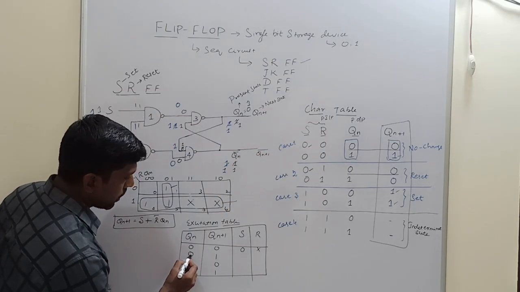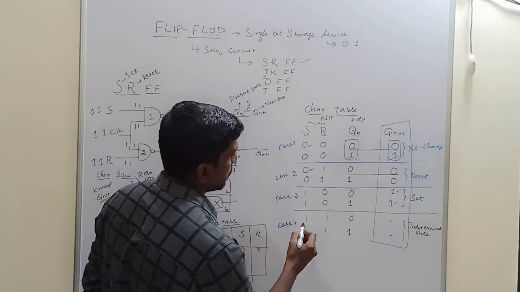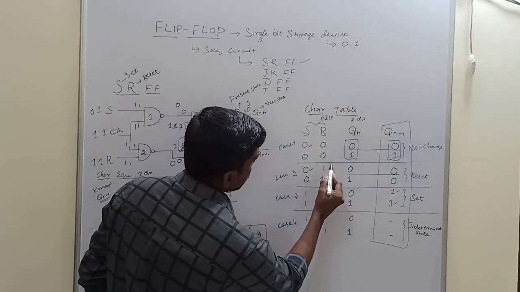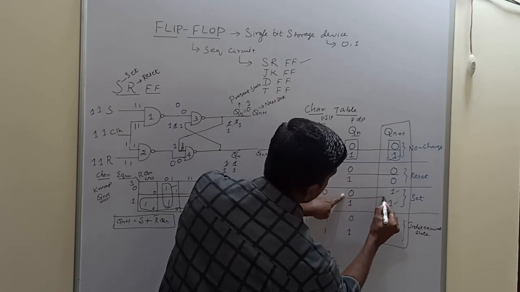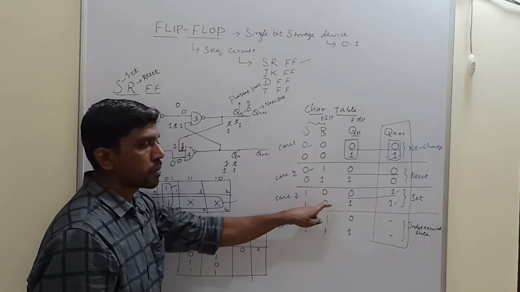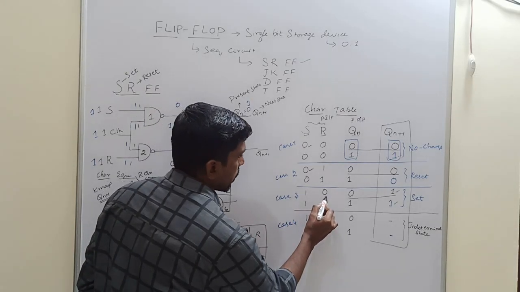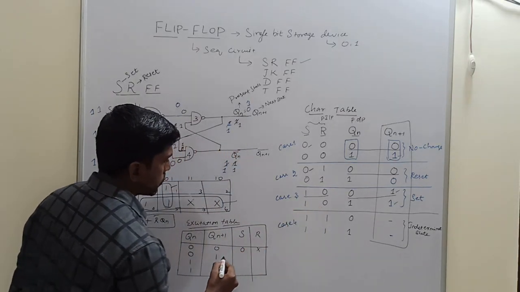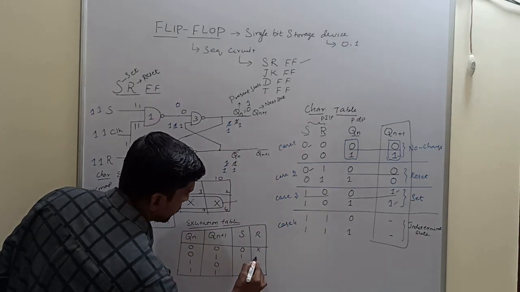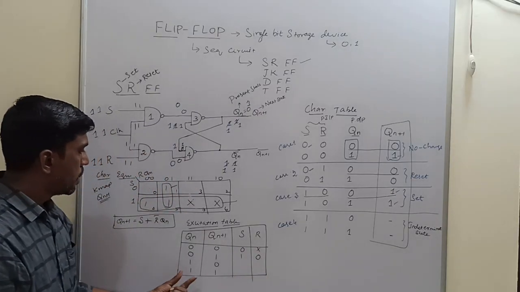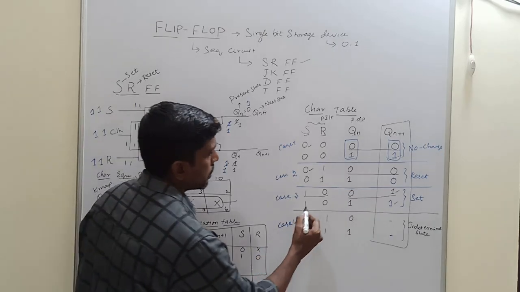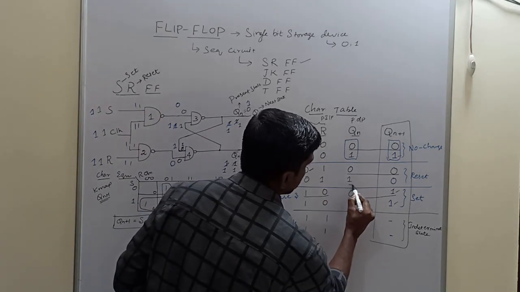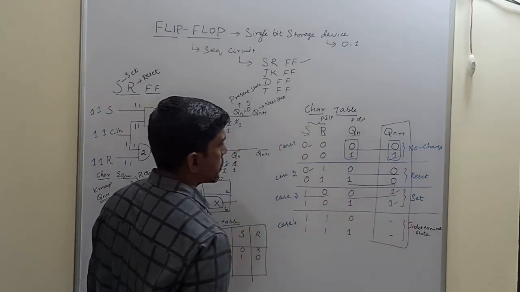The next one: Qn value 0, Qn plus 1 is 1. It is present only one time. The corresponding value for S and R is 1 0, so let me write 1 0. Then Qn value 1, Qn plus 1 is 0.